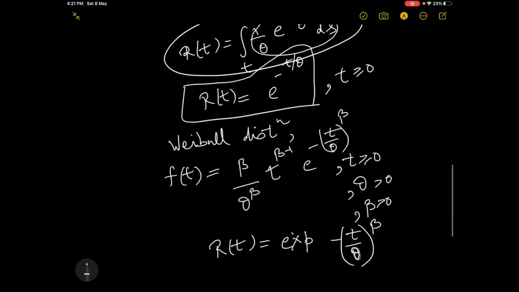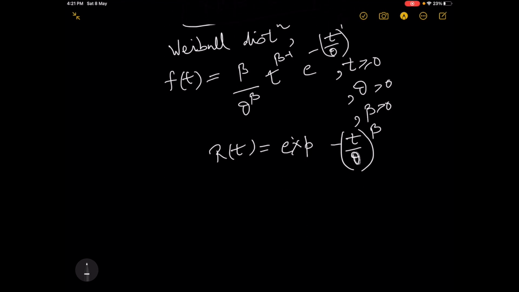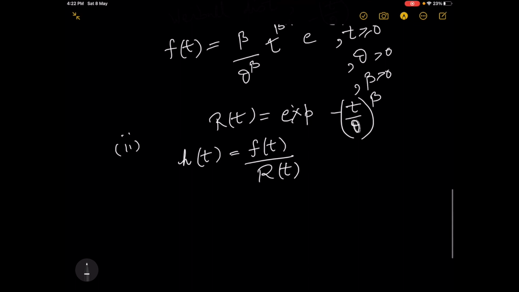Now, we understand that the reliability function is one way of assessing reliability formally. The other way, which is again a very popular metric among practitioners, is the hazard function. The hazard function is also known as the instantaneous failure rate, denoted by small h, which is the ratio of the PDF and the reliability function.